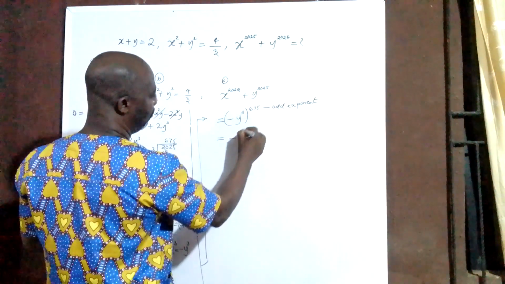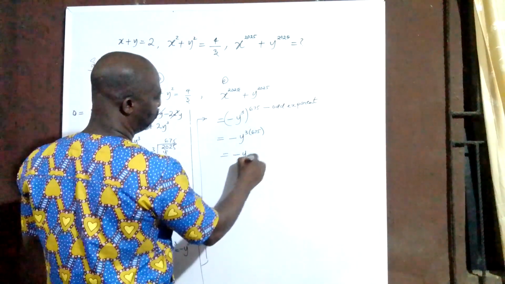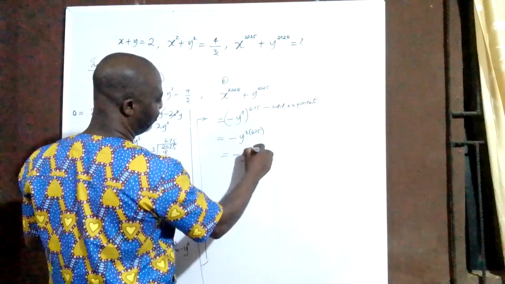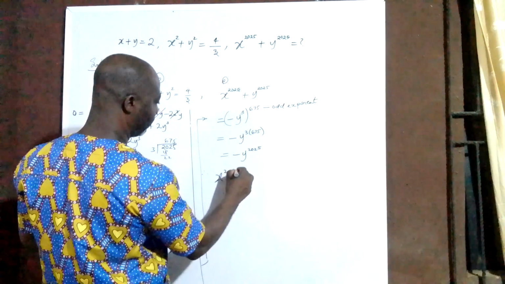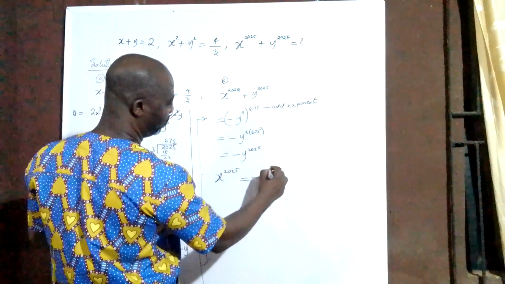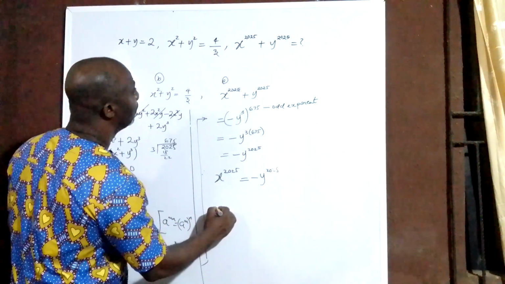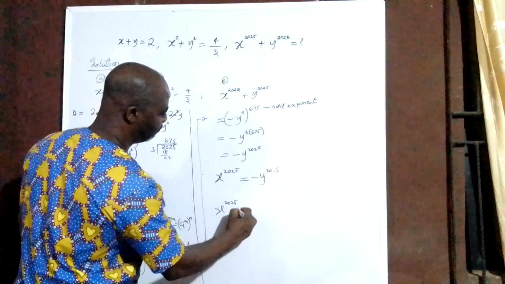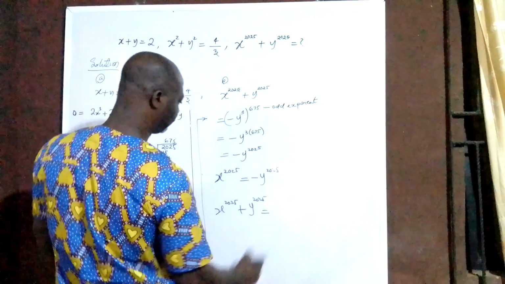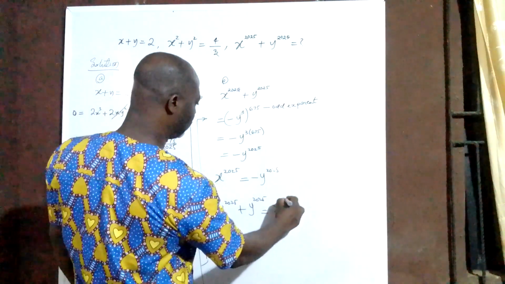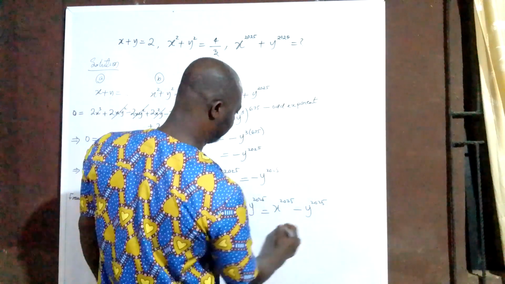So you have minus y cubed times 675, which gives minus y to the power of, if you multiply this, 2025. Therefore, x to the power of 2025 is equal to minus y to the power of 2025. So if we go back and say x to the power of 2025 plus y to the power of 2025 is equal to minus y to the power of 2025 plus y to the power of 2025, this will give us 0.